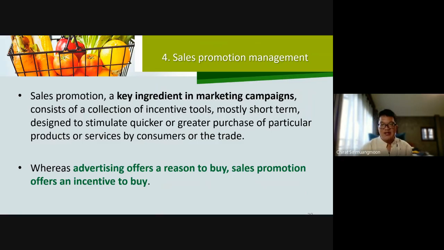If you think about advertising, advertising is where you give some information or the reason to buy your product. But sales promotion is where you give some more benefits to the consumer. So we should say, is this an incentive to buy? This is a different perspective.